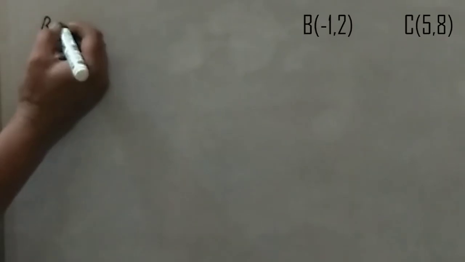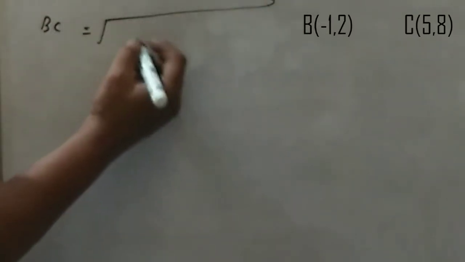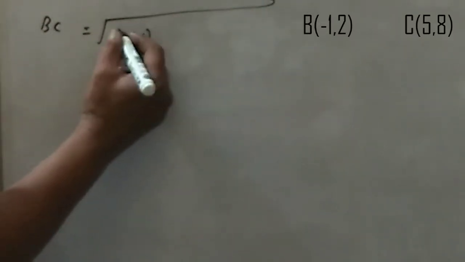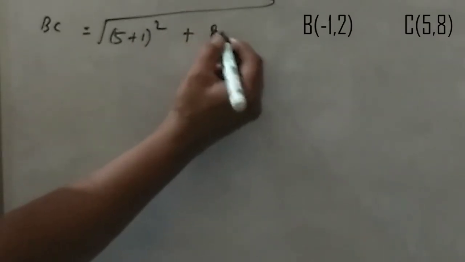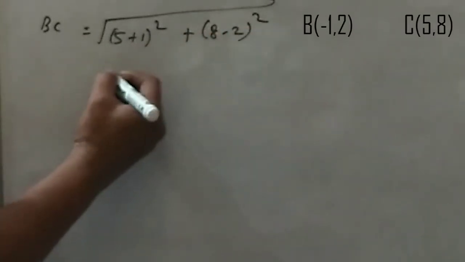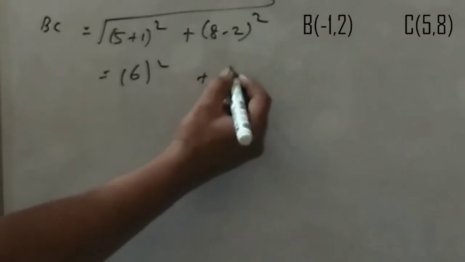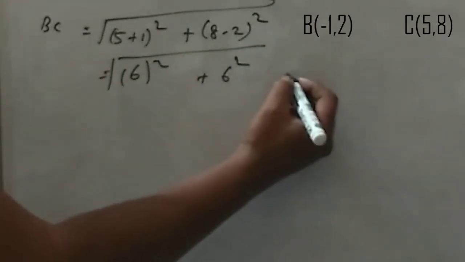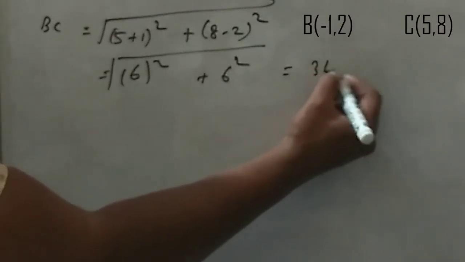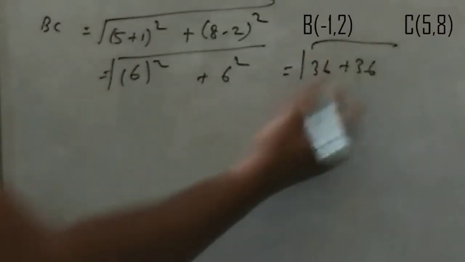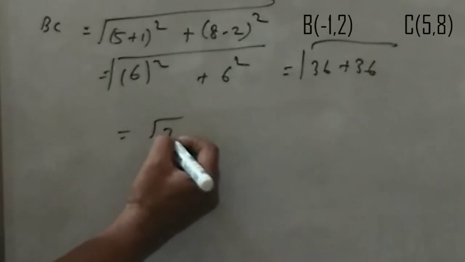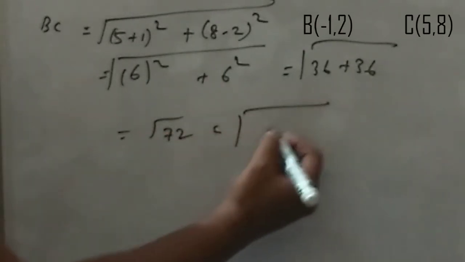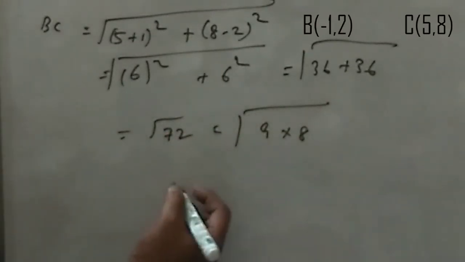Now BC is under root (5 plus 1) whole square plus (8 minus 2) whole square. 6 square plus 6 square. Then you will write that is equal to 36 plus 36 under root. So under root 72, you will write 9 into 8.